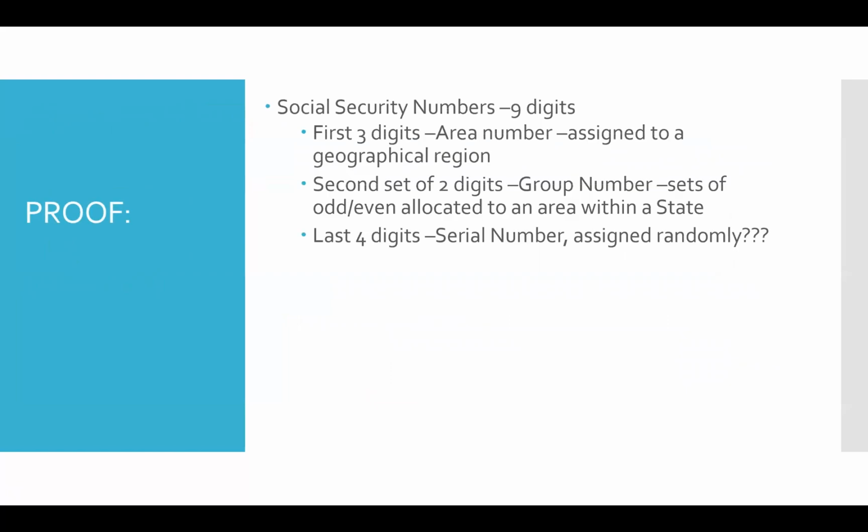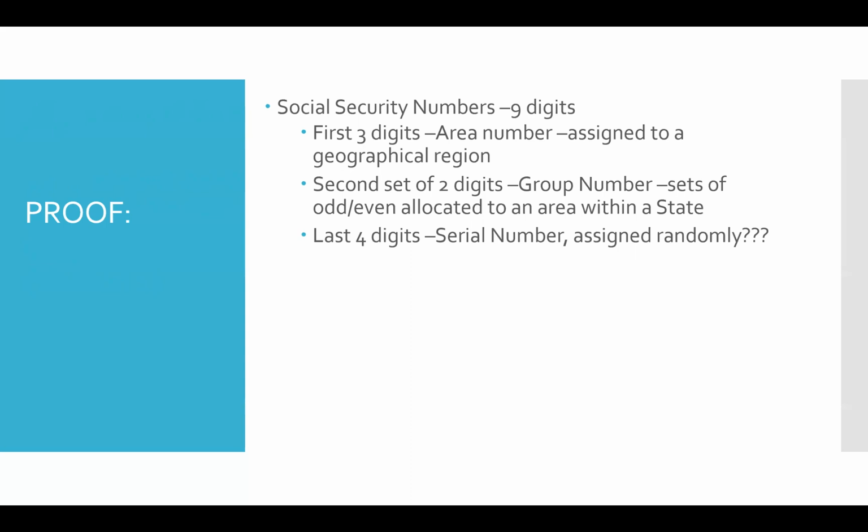Okay, here's kind of the proof. Years ago, I had access to students' social security numbers prior to the use of ID numbers that we now have, the Georgia Highlands College ID numbers. So everybody, or most everyone within the United States, has a social security number. That's how the government tracks us. Our social security numbers are made up of 9 digits.